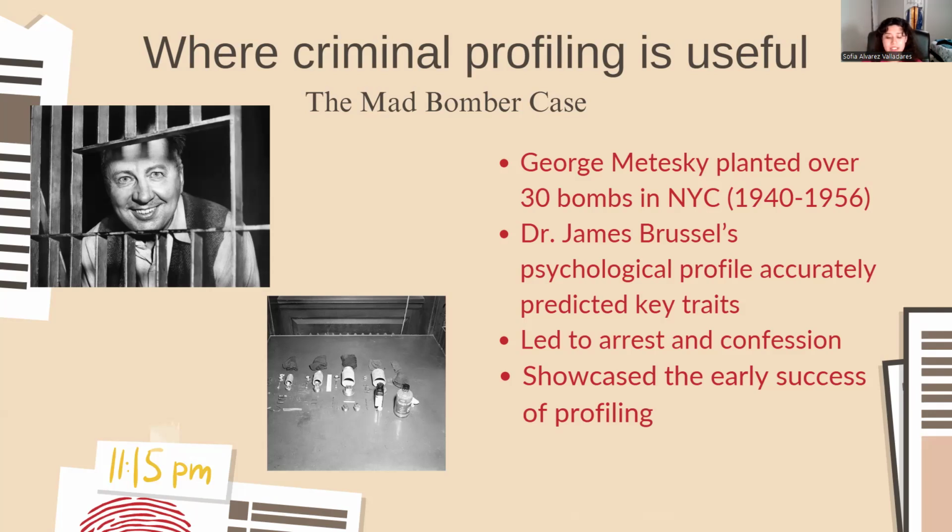However, it's mostly noted that these cases are exceptional and should not be used to generalize the overall effectiveness of criminal profiling, especially in traditional aspects, because Dr. James Brussel used his psychological profile under intuition and bias.